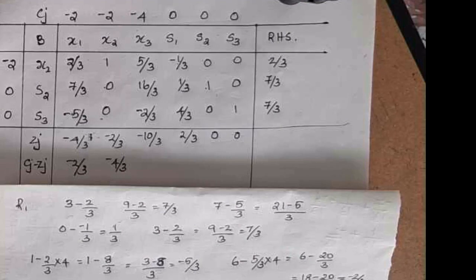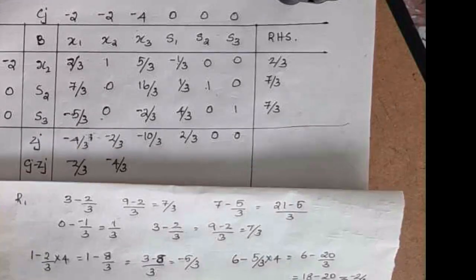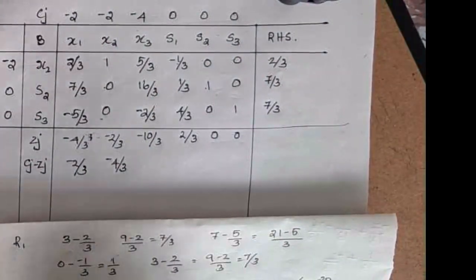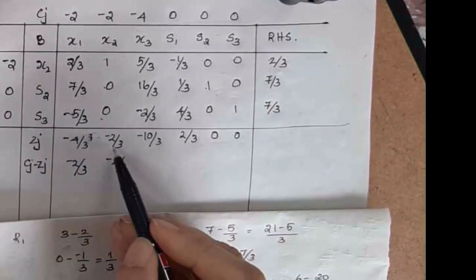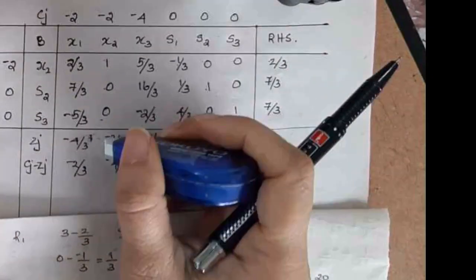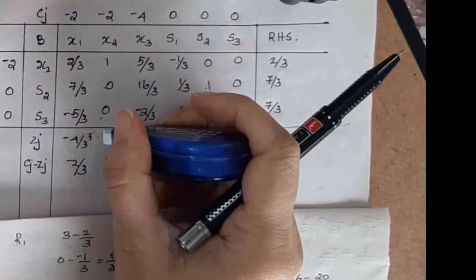Okay. I got it wrong here. This one, it should not be minus 2 by 3. It is minus 2 into 1. So this is just 2.